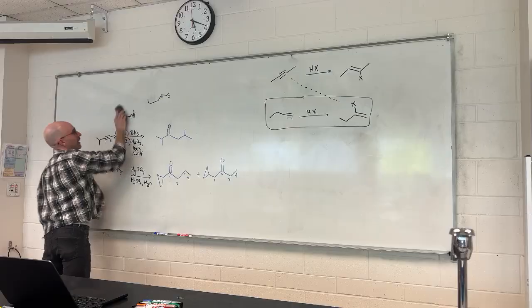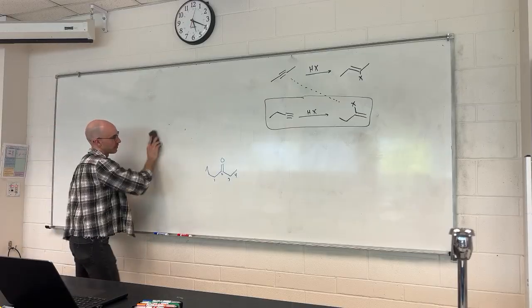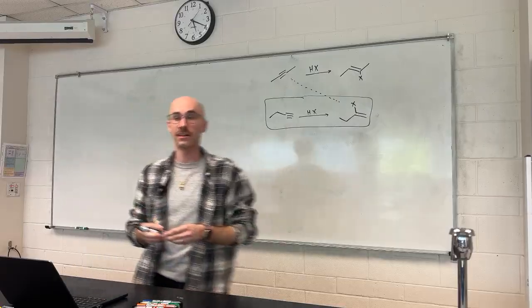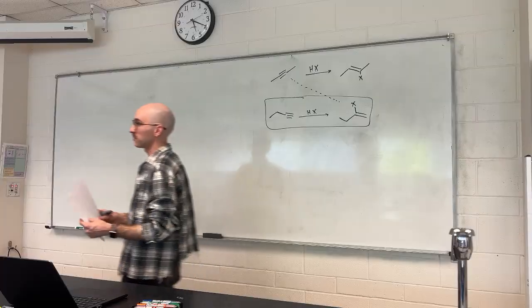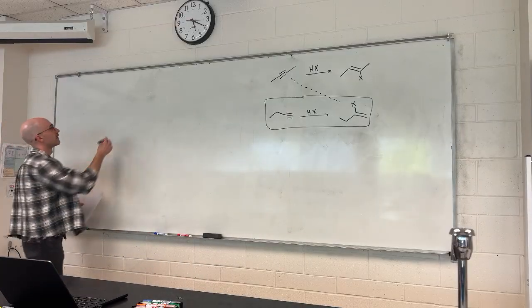I want us to compare some of the mechanisms that we already know to the mechanisms that you're not going to be tested on. So I'll be clear with that. The alkyne mechanisms are not ones you'll have to draw, but you already know how to draw them.